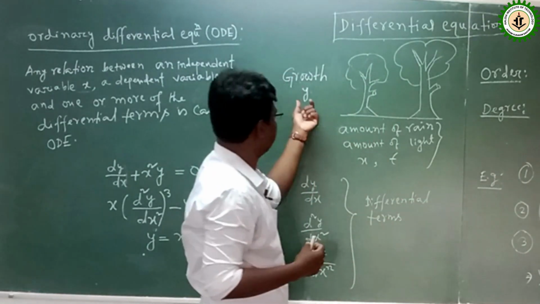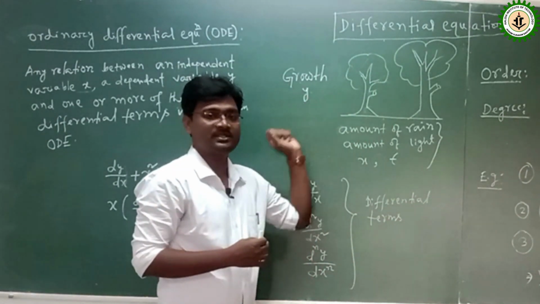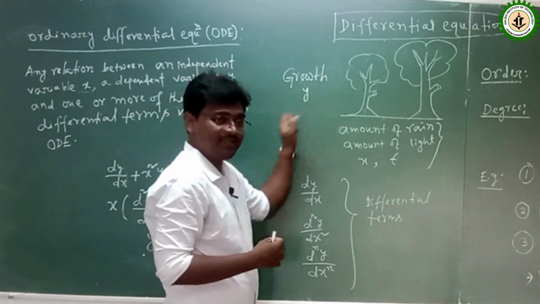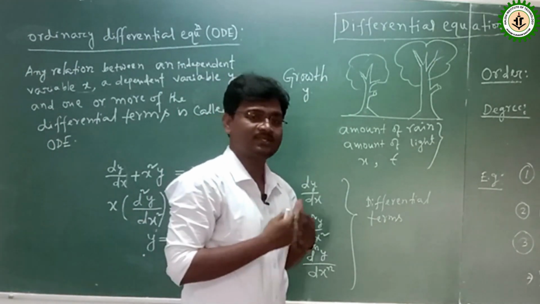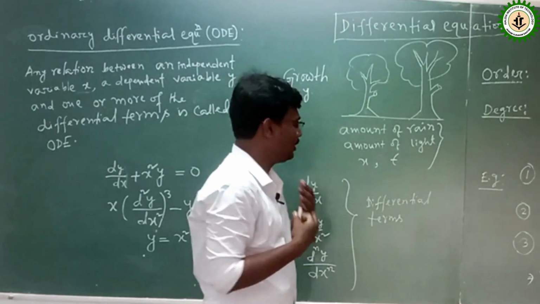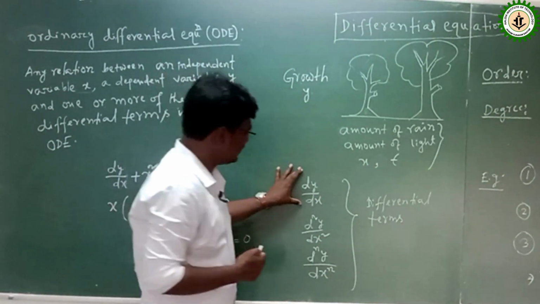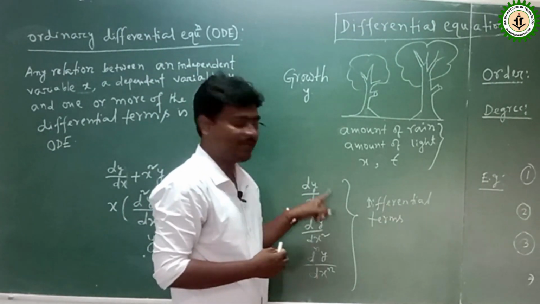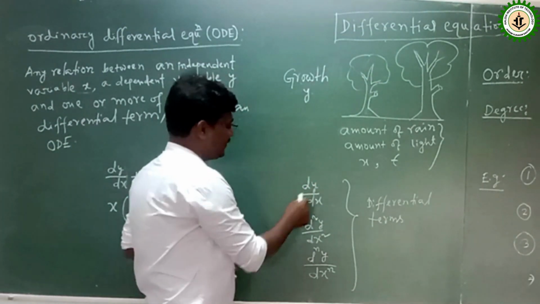Okay, so in general, the dependent variable is denoted by y and the independent variable is denoted by either x or t. Okay, so look here, dy by dx. What is the meaning of dy by dx?